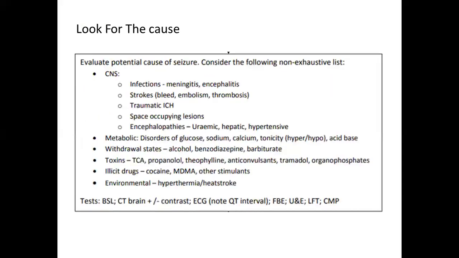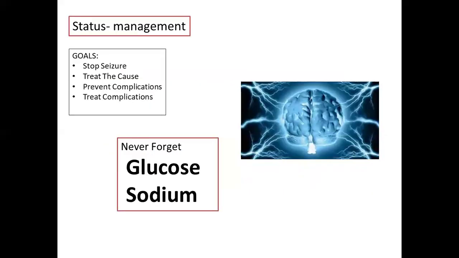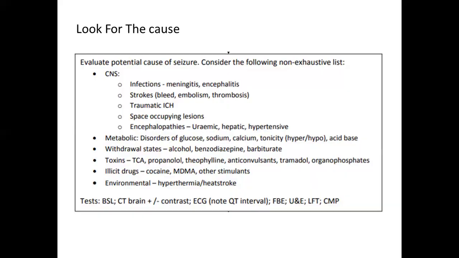So if the patient is coming in status epilepticus, there are some priorities. What are the priorities? The first priority is you should stop the seizure. The second priority is you should look for the cause.